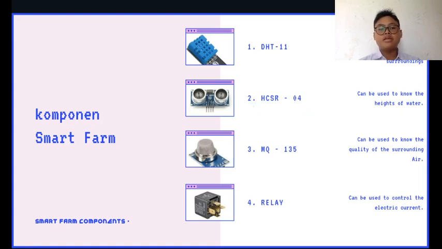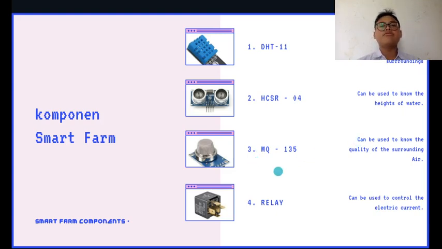It uses HCSR04. HCSR04 is also what I used in my latest project, I think it's a greenhouse, yeah, and it's used to collect information on whether the water is rising or not. You can know the height of the water from HCSR04. Okay, and then the third one is MQ135.